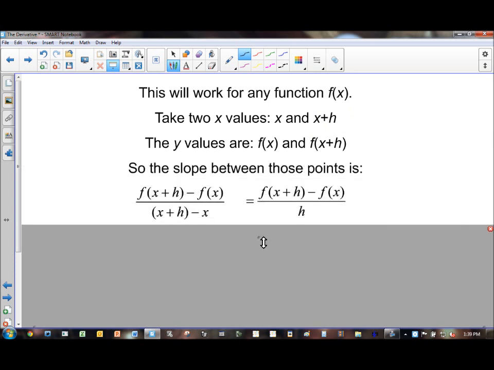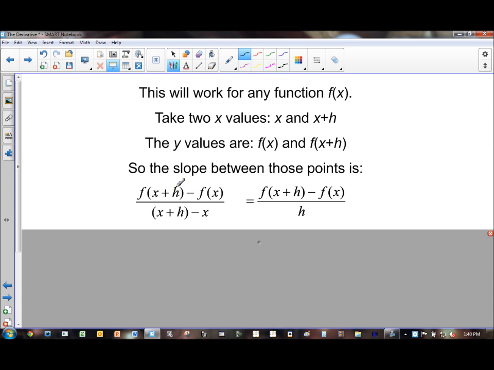So when I'm finding the slope between these 2 points, there again is y2, that's y1, there's x2, and there's x1. And the only thing that can really simplify is the denominator. If I have x plus h minus x, the x's subtract out, and I'm left with h on the bottom.